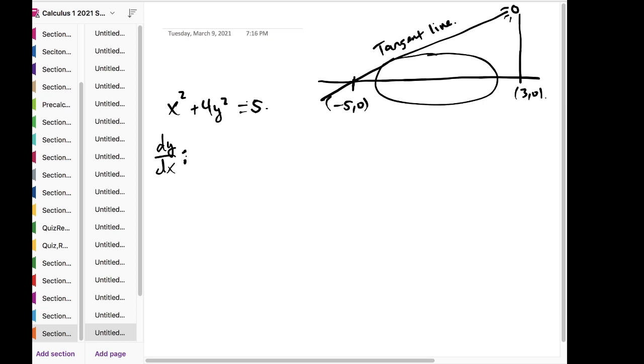Derivative of x squared, 2x, and then what's the derivative of the next, 4y squared? Okay, 2y dy/dx, and then multiplied by 4 is 8. No, you're right. 8y dy/dx.